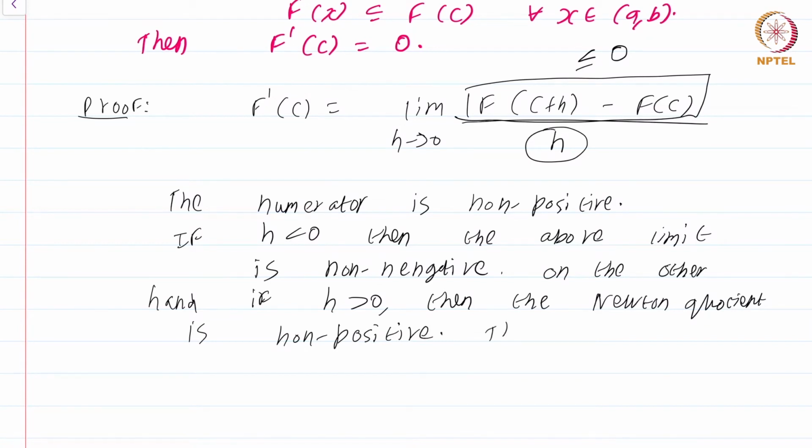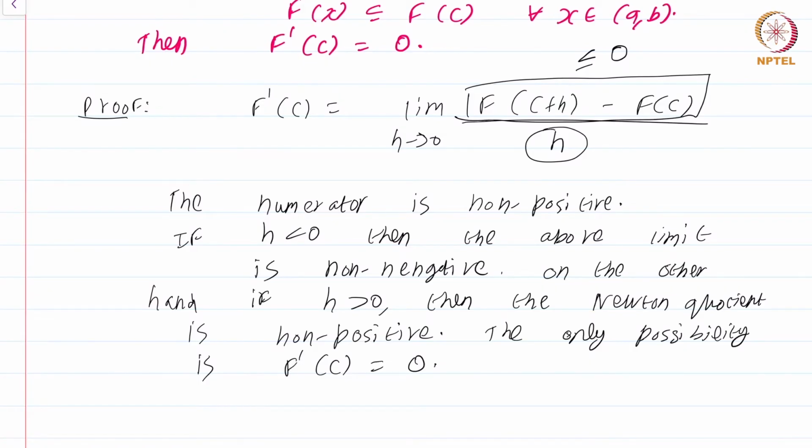The only possibility is f prime of c equal to 0. As you approach from the right and the left, the signs are different. Therefore at the point c, the only possibility is that f prime of c is 0.